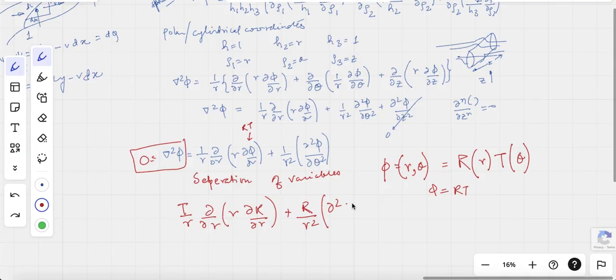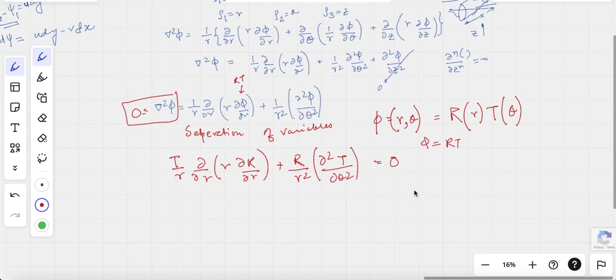Here only the T remains, R has gone out, is equal to 0. When we bring this, we take this term over here and bring all the r's on this side.